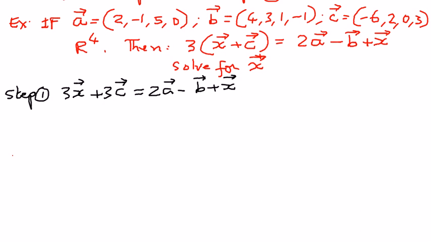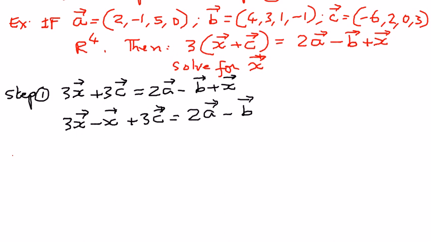So we'll subtract just the vector x on both sides. Therefore we will be left with 3 times vector x minus vector x plus 3c is equal to 2 times vector a minus b.